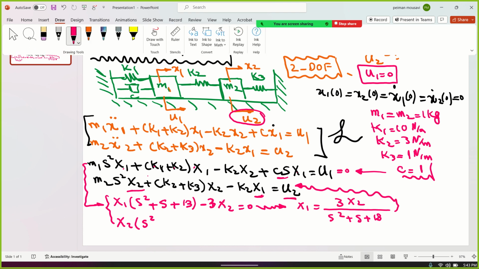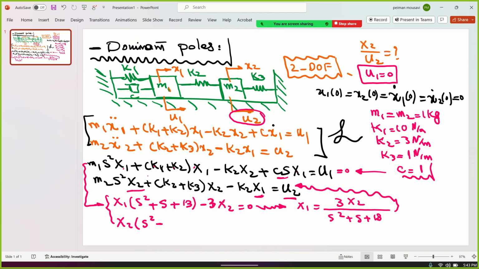Okay, S2 plus K2 plus K3 is 4, plus 4. This is X2 minus K2 and X1. So K2 is 3. In X1, 9 X2 divided by S squared plus S plus 18 is equal to U2.